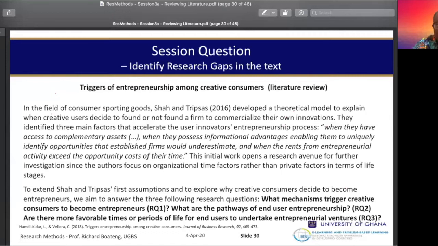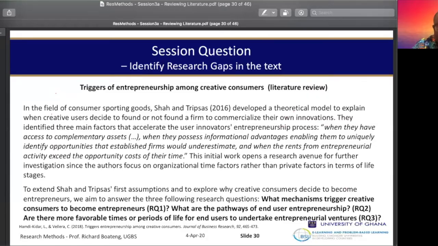Quite a number of people start baby companies and sell baby products. Sometimes while they were carrying a baby, they realized there was an opportunity or a gap in the market, and they decided to buy some particular product for themselves. Later on, they started turning it into an enterprise through social media to sell to others. So that's why sometimes the private time of a person can turn him into a business person or an entrepreneur. But Shah and Tripsas didn't factor that in.